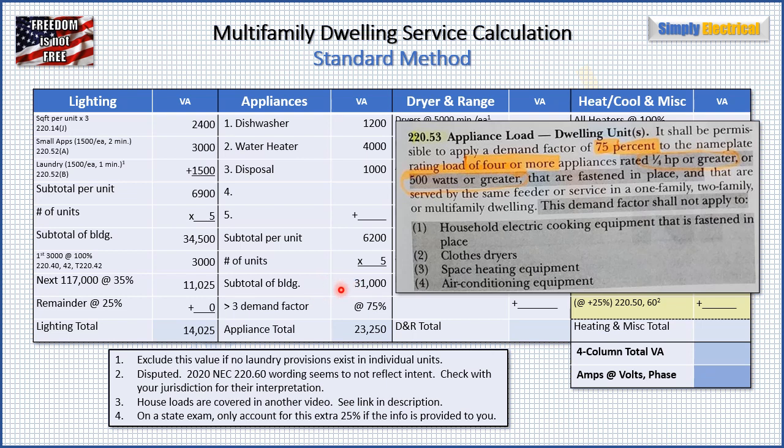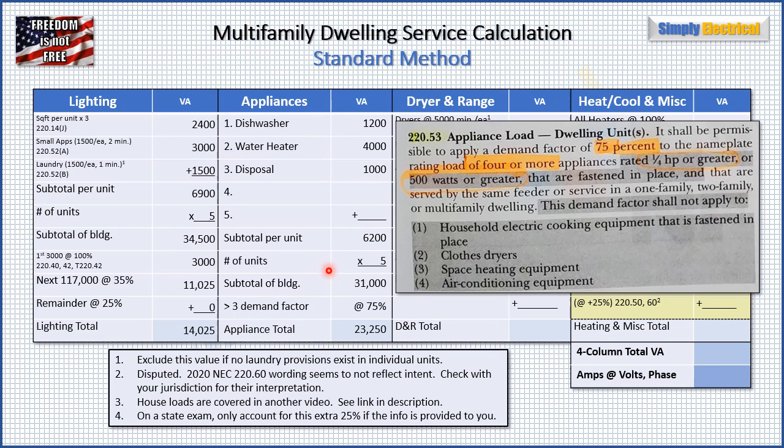Now, remember, if we have 4 or more appliances right here, we get to take the demand factor of 75% of this value. Now, this is 4 or more on the feeder or service of the one-family, two-family, or multifamily dwelling, not each unit. So in a multifamily, you are almost always going to have more than 3 appliances because you've got at least 1 or 2, or in this case 3, in each unit.